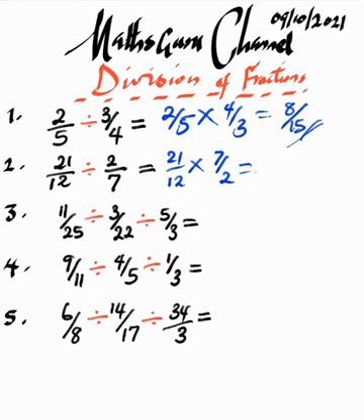So at this point, we can now multiply out directly. 7 times 21, we're going to have 147. So we're going to have 147 over 12 times 2, we're going to have 24.